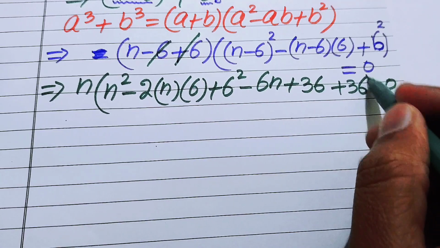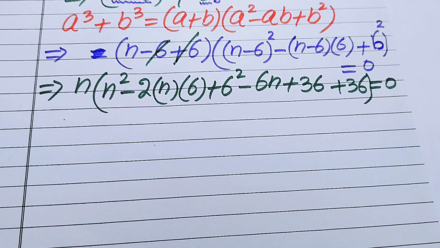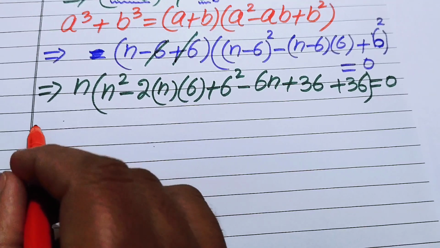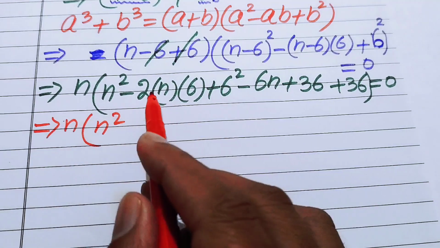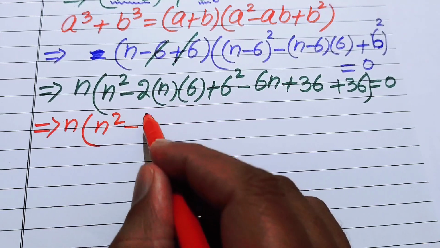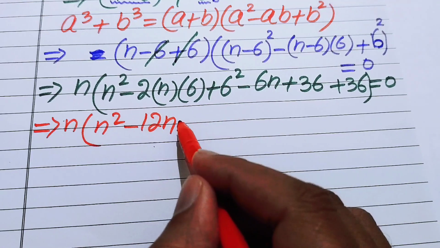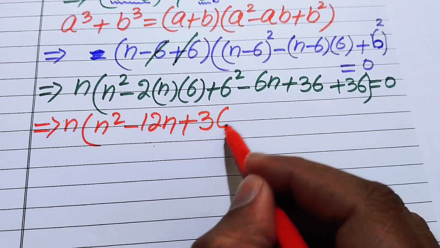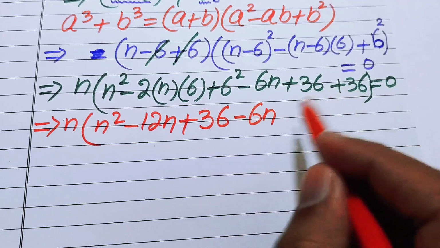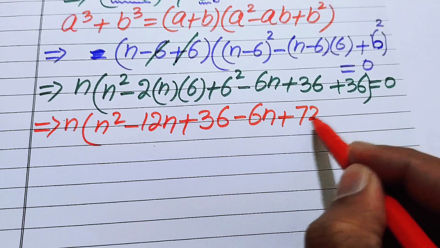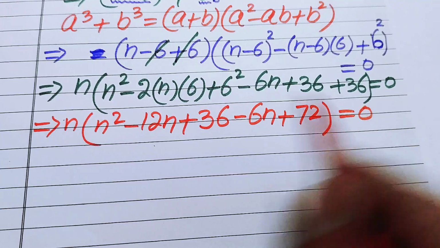So in the next step we will make simplifications again, so we add or subtract the like terms, and you know that we have n squared. Now we multiply this 2 times 6, and it becomes minus 12 times n, and we have 6 squared equals 36, and minus 6 times n, and you have 36 plus 36 equals 72, and this whole equals 0.